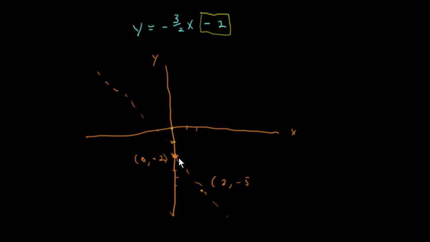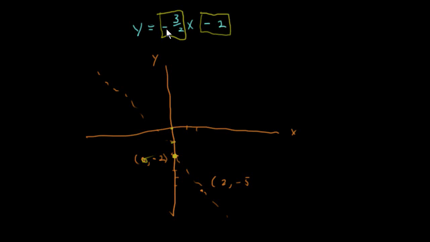So that would be right down here at 0, -2. So 0, -2 is on our boundary line. And from that we can use this part out here that's the coefficient of the x term. That'll tell us the slope, and that'll help us get a second point.